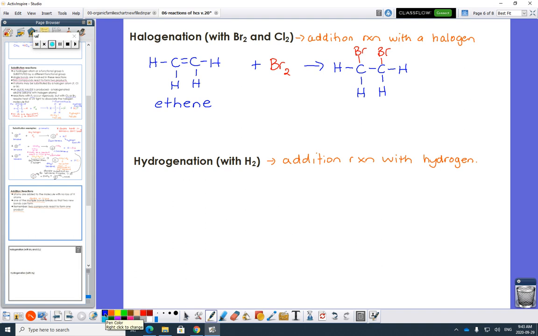I chose to draw my hydrogens on the bottom. I could have drawn them on the top. That doesn't matter, okay?